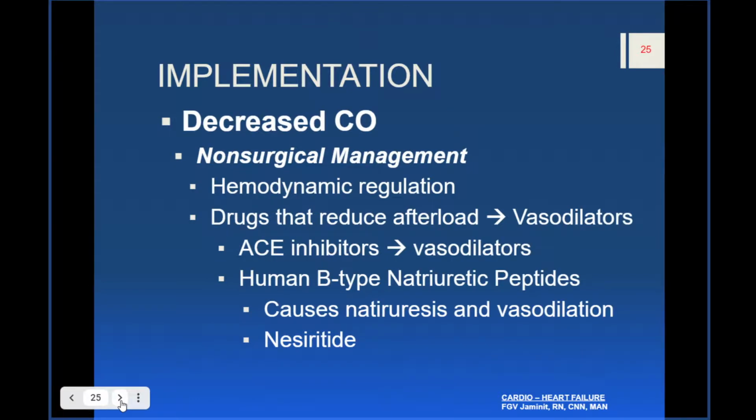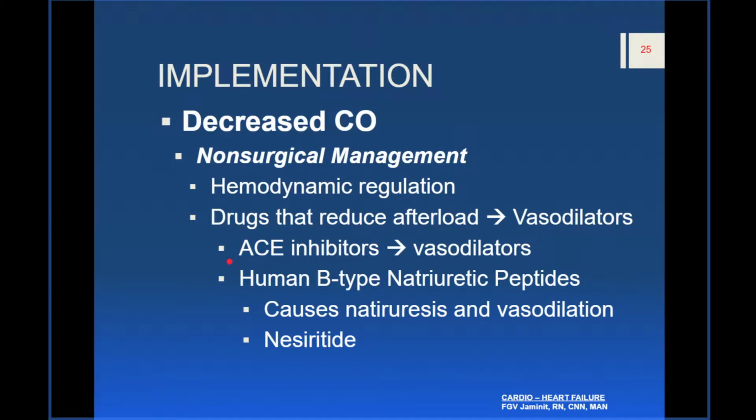For decreased cardiac output, we may implement non-surgical management such as hemodynamic regulation by administering drugs. These are drugs that reduce the afterload, and this could be your ACE inhibitor, which may act as a vasodilator.